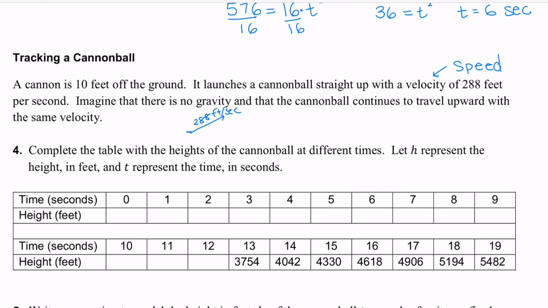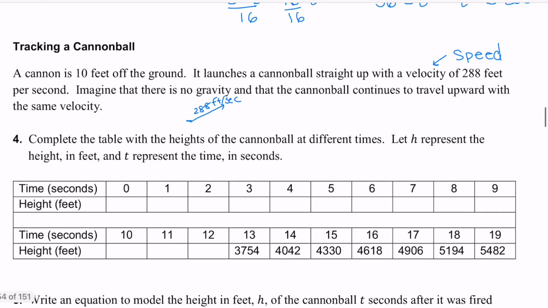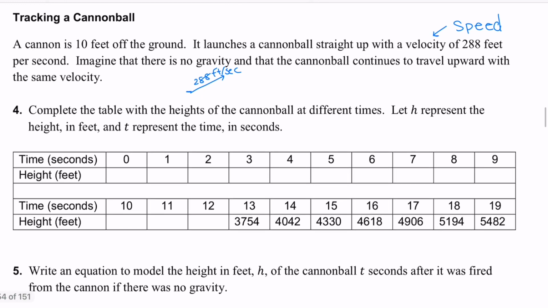Imagine that there's no gravity and the cannonball continues to travel upward with the same velocity. So we're going to complete this table for the different heights of the cannonball at different times, and we're going to let h represent the height in feet and t represent the time in seconds.